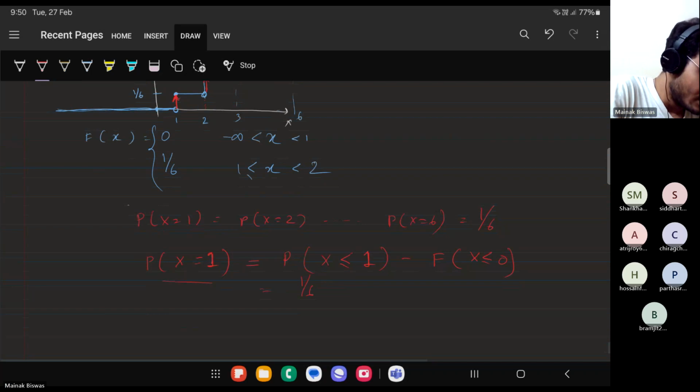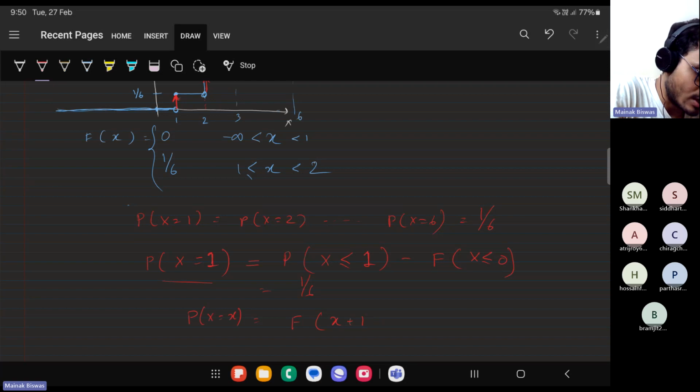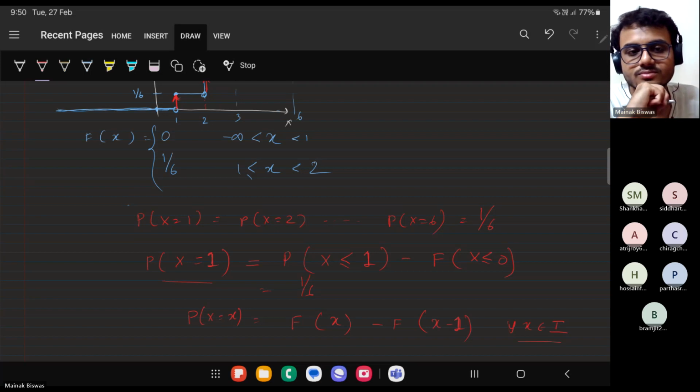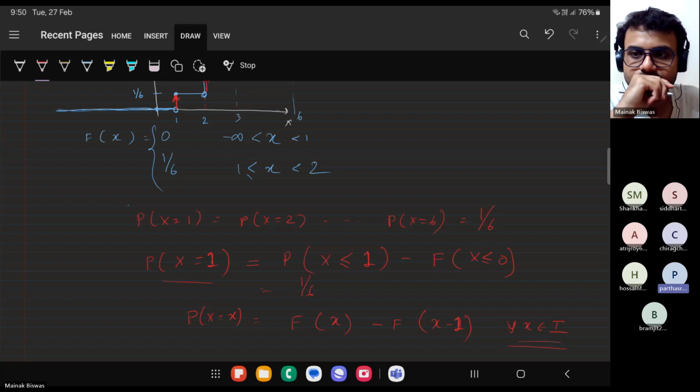So for a discrete distribution, if you are told to find probability of X equal to small x, you can write F of x minus F of x minus 1 if x is an integer, right? Yes or no? Or at all the jumps, you can just check, right?